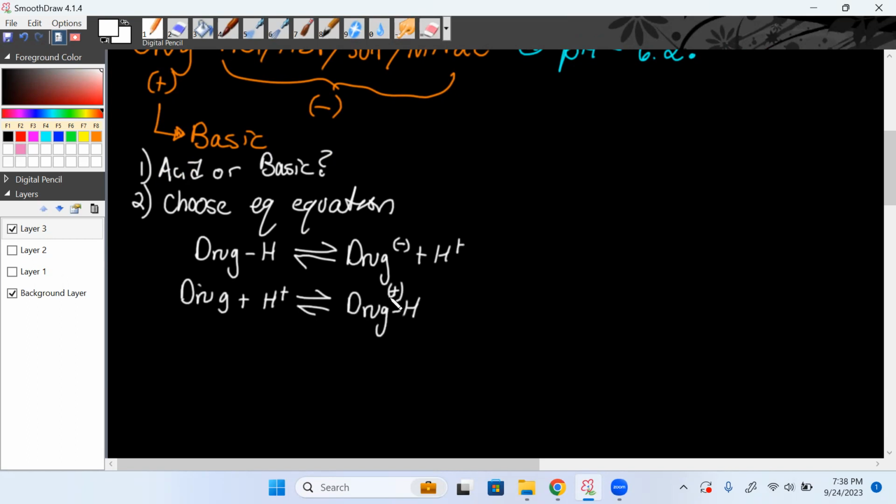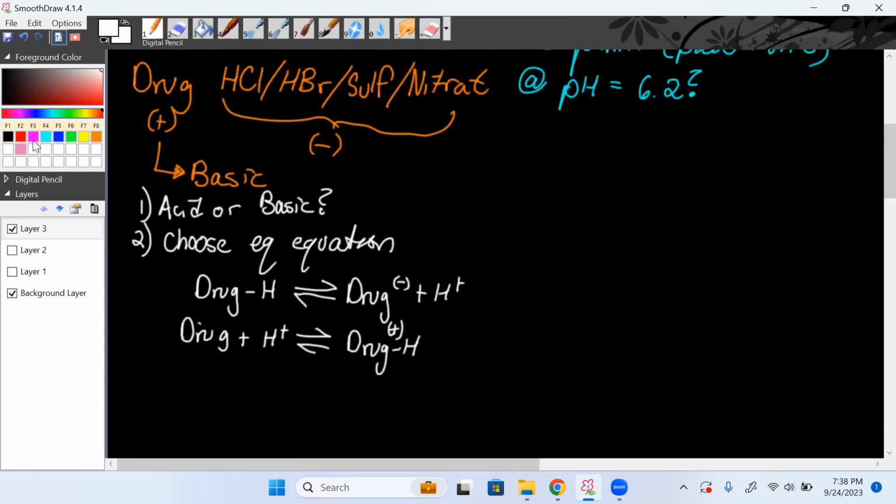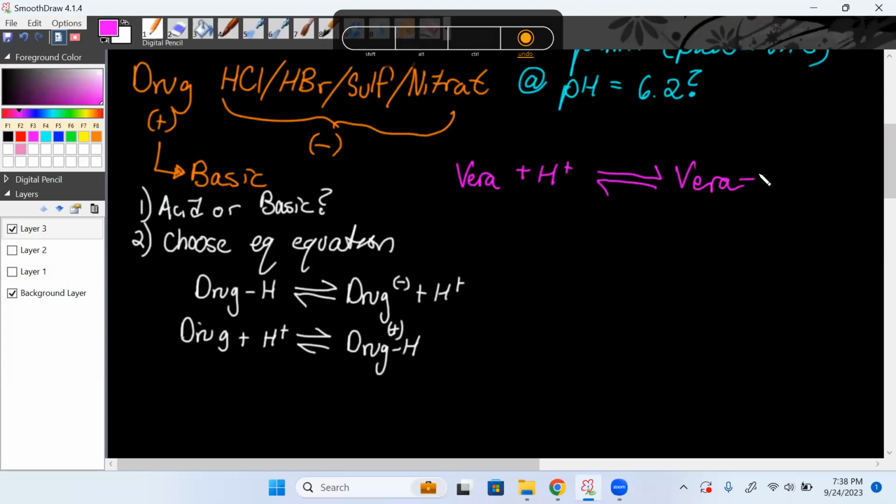So we know that this drug is basic. So the equation that we are going to choose is the second one. So we have verapamil plus a hydrogen gives us the protonated form of the drug.